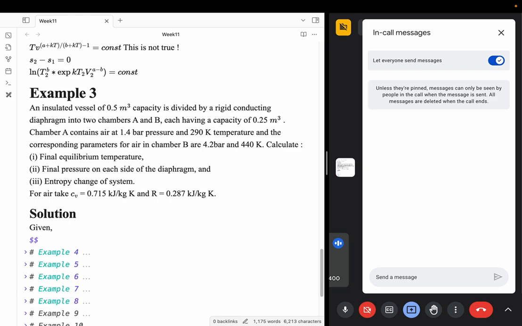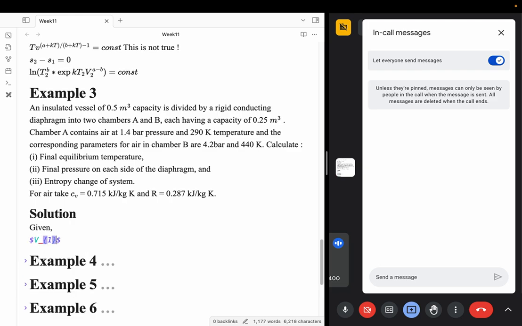First, we'll take all the given information. I'm just denoting 1 and 2 for A and B. That is better. V1 is 0.25.